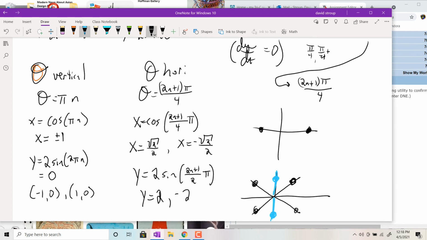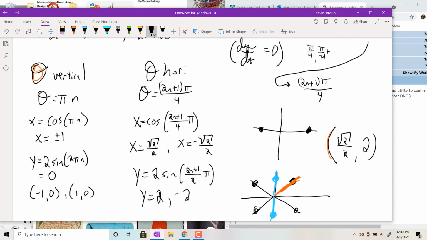So supposing cosine is right here, you would get the root 2 over 2. That would be where n is equal to 0. That would be pi over 4. So downstairs, when n is 0, that's just going to give you pi over 2 for sine. So one coordinate will be root 2 over 2, comma, positive 2.